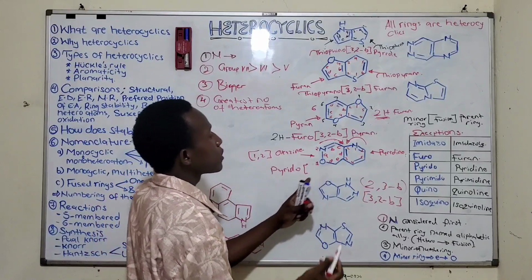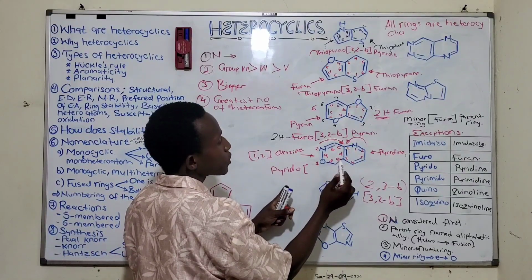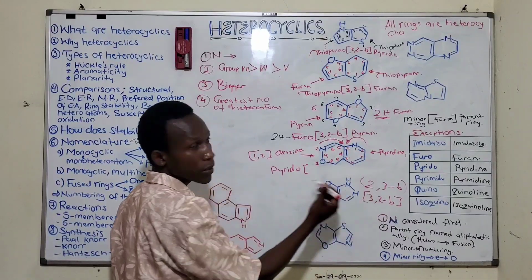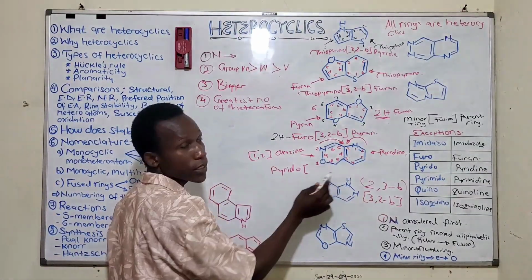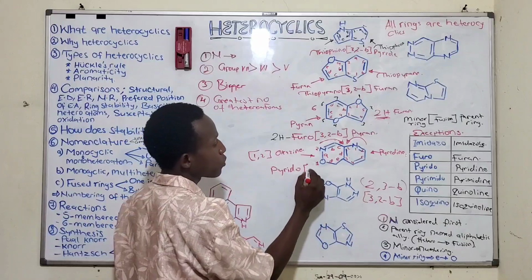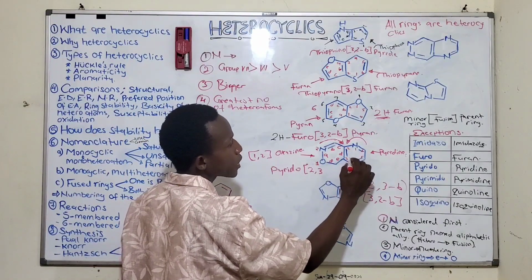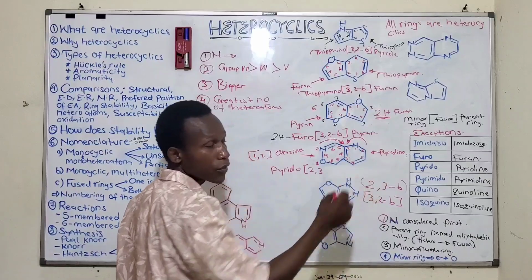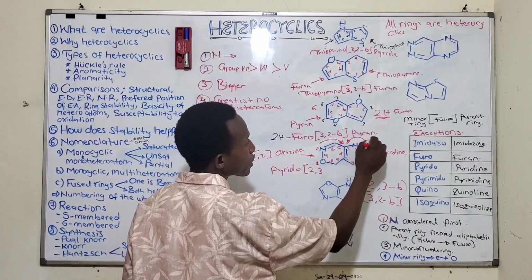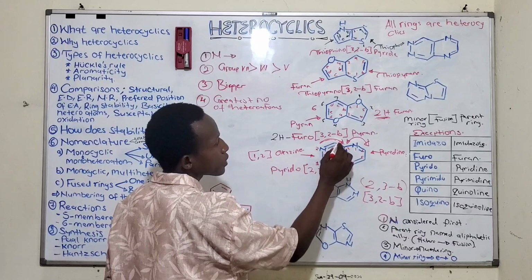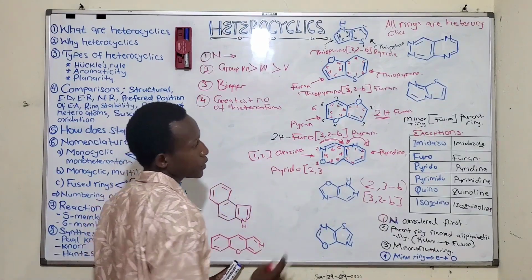Then, since this one is moving this direction and this one is moving this direction, 2, 3 is in the same direction as the parent structure. So it will be 2, 3, not 3, 2. This one will be moving in a different direction, going this side. But for the major ring, it is moving this direction.